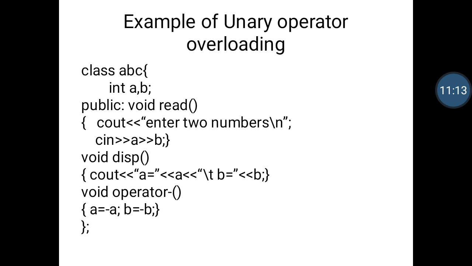Minus, that is the negative sign, is a unary operator, so I can use it in my program. In this function, whatever the value of A is, its negation will be there. So A is equal to minus A and B is equal to minus B. This is my class ABC.